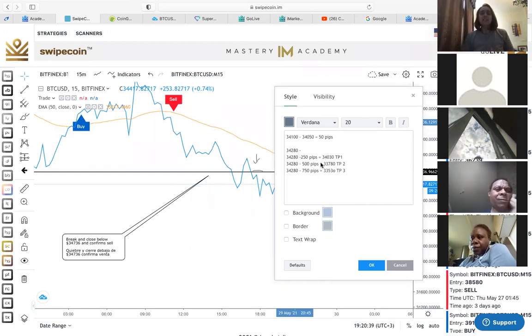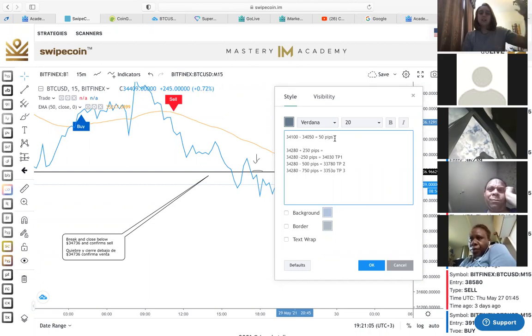Amazing. We don't want any negative risk to rewards. So 34,280. We know the maximum that we want to risk is 250 pips on this example, right? Because we want it to be a 1-to-1. So what is our stop loss going to be? This time we're going to have to add 250 pips, right?